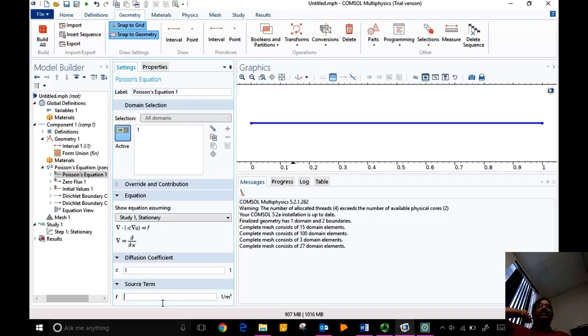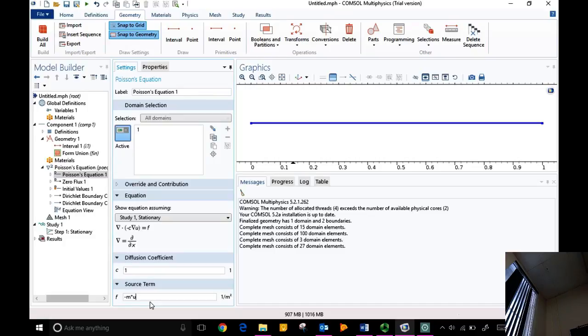So by default, f is put as 1. To simulate our problem, f must model m times u. Okay. M I have already calculated in the parameters, and u is the symbol that it gives for the unknown. Okay, and I have a minus c here, right?